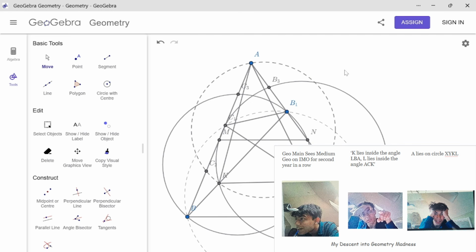Surely that means B3 C3 C2 B2 should be cyclic, right? Surely. No, but that would mean that B2 C2 is parallel to BC because of anti-parallels, which we know isn't true. But like, circle AKL.